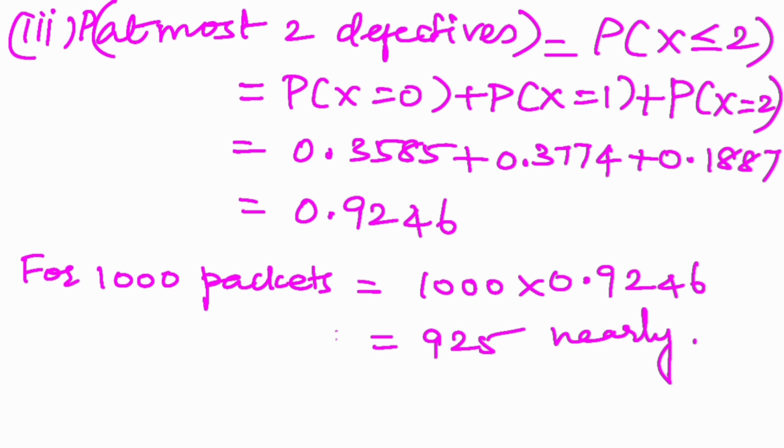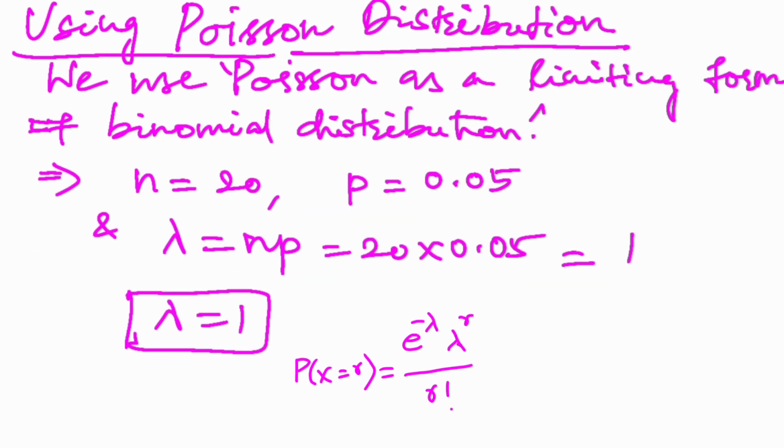After adding, we get 0.9246. Multiplying by 1000 packets, we get 925 nearly. All the calculations are finally per number of packets, so it should be rounded. The answer may be approximate, but it should be given as a positive integer because we are talking about the number of packets.